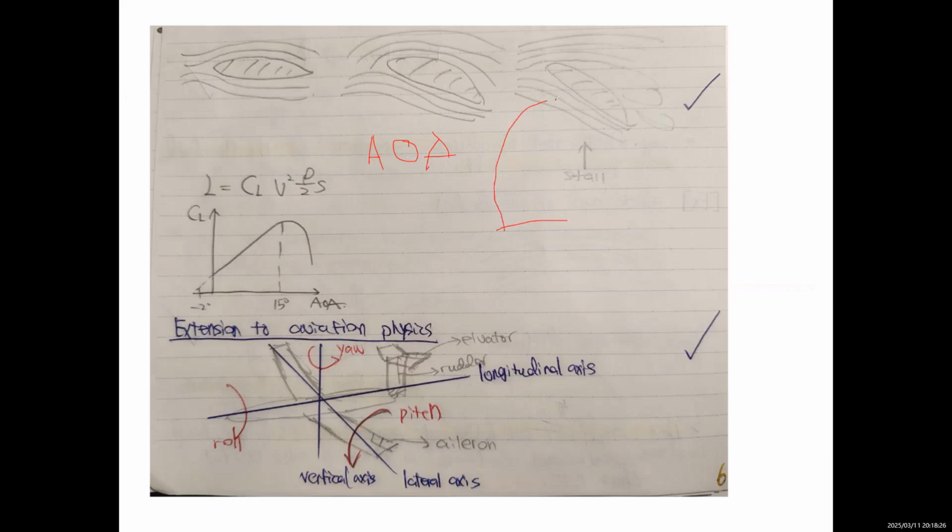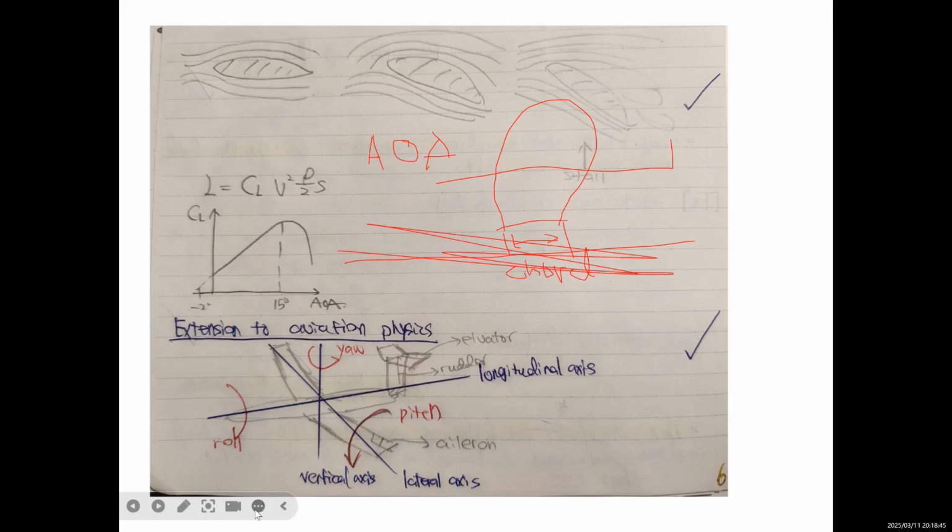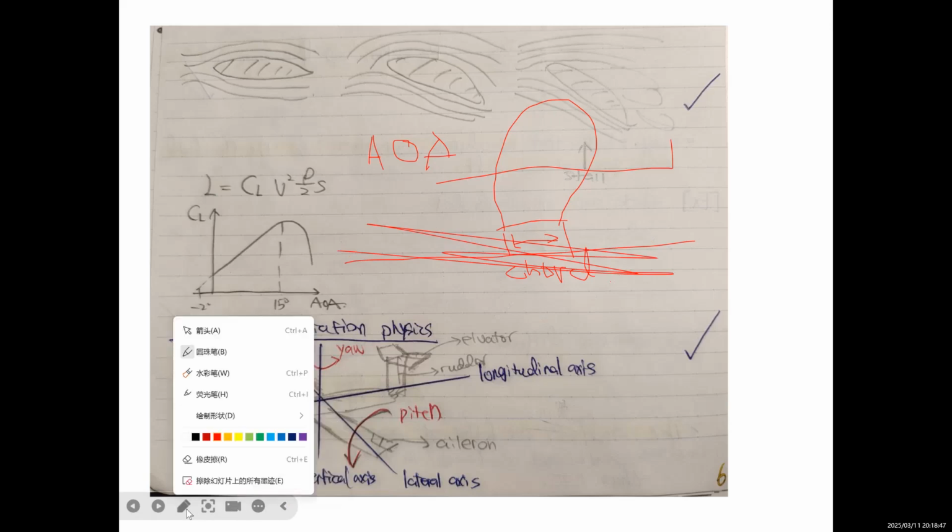This is the wing of an aircraft, and this line is called the chord. So angle of attack is the angle between the chord line and the relative motion of the wind.